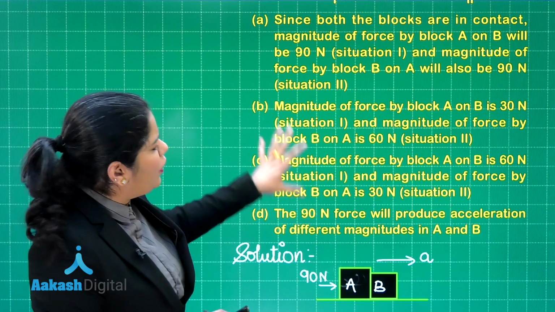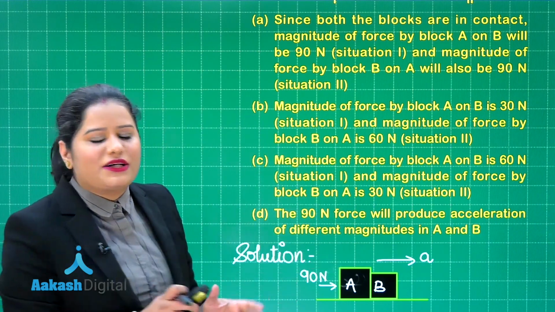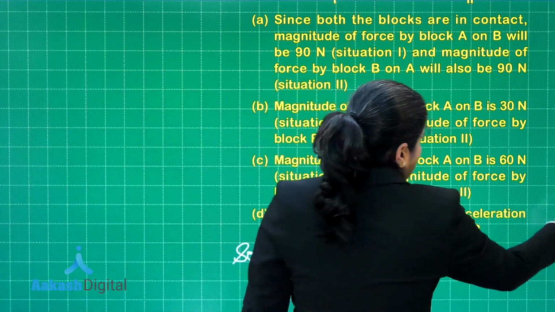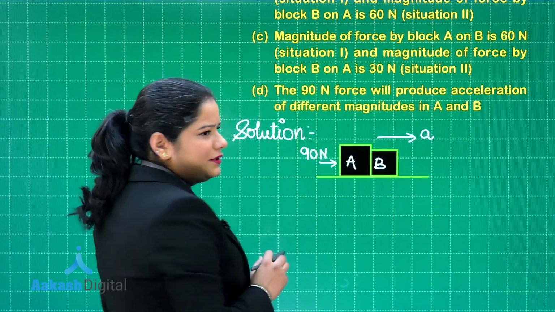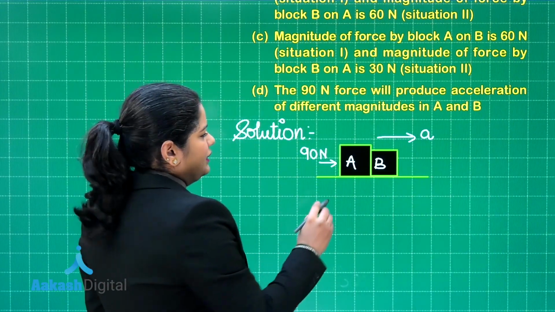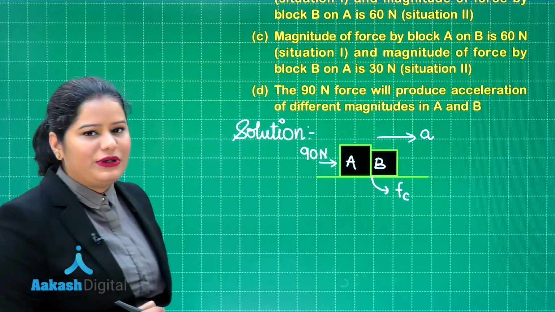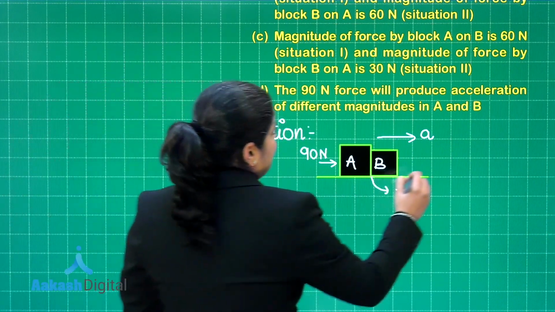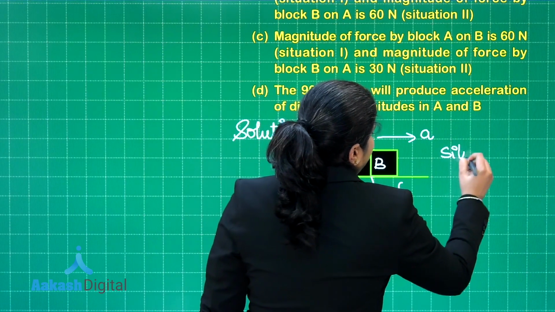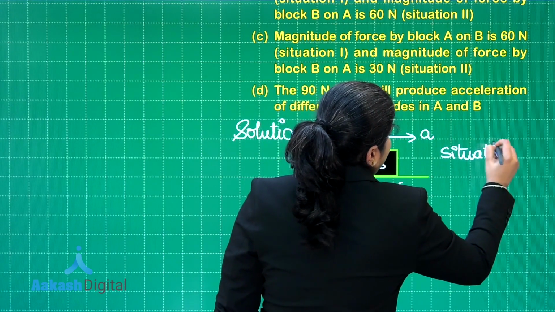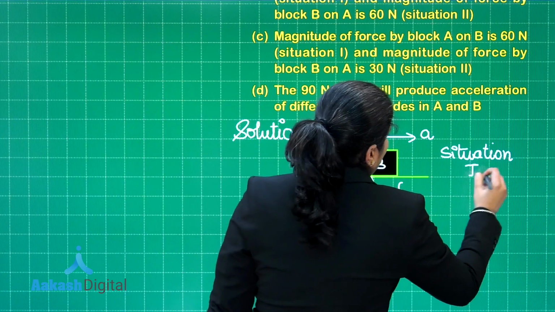So basically all the options talk about the force of contact between these two blocks. Let's have a look at that. Let us suppose the force over here is FC, the force of contact between A and B in this situation, situation A or situation 1.